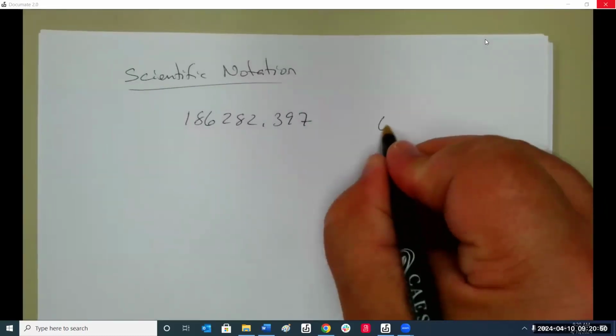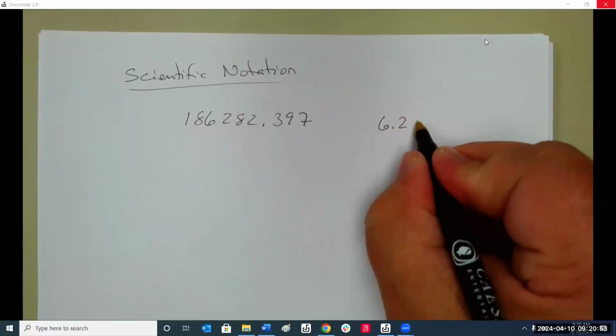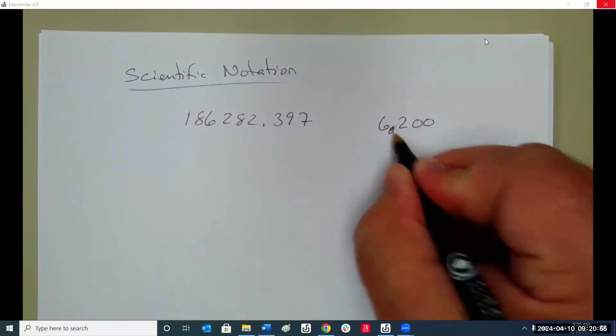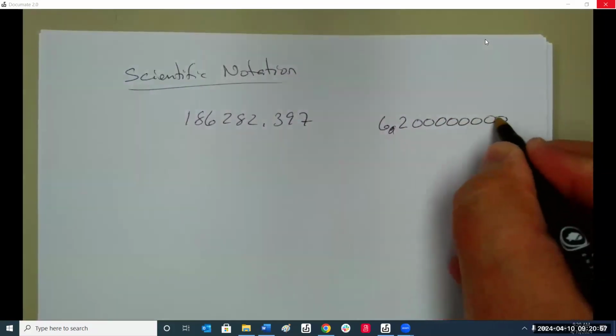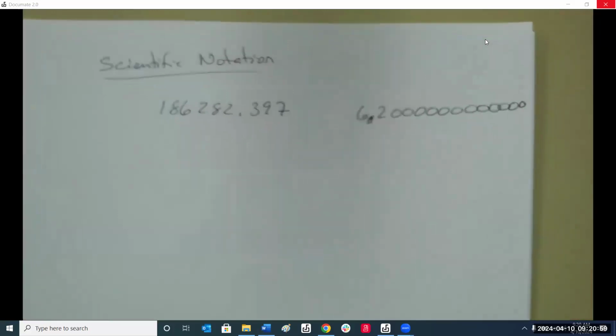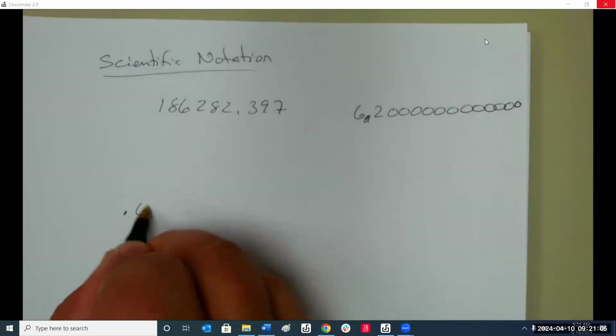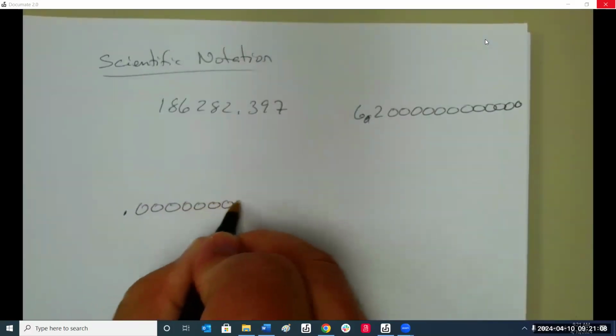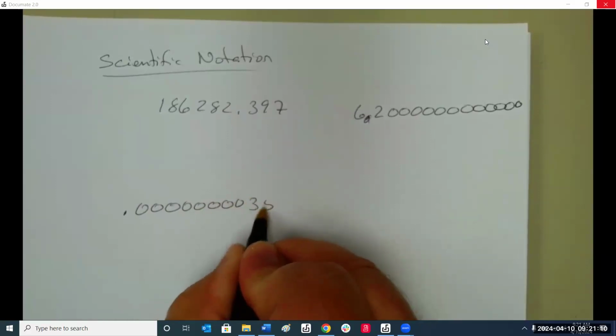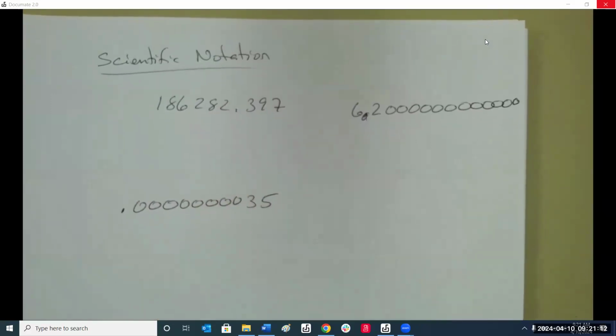So is 6.2 followed by 13 zeros. So is that one. Scientific notation takes very large and very small numbers and makes them into something manageable.